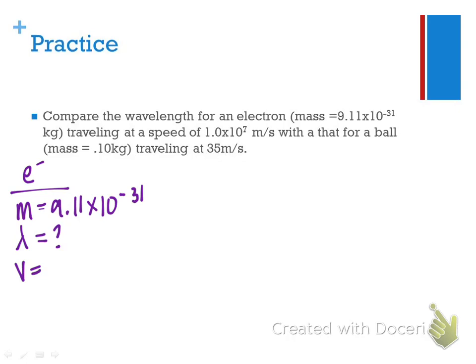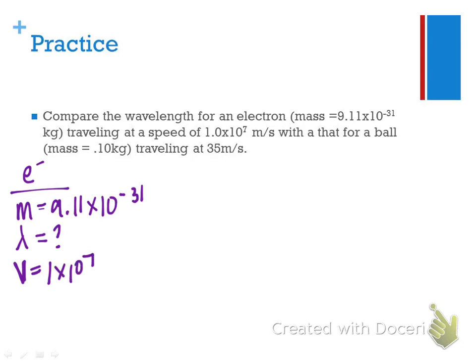And V is, remember, frequency or speed. Okay, not speed of light. Speed of light is the little c. Speed of our object that's moving can be considered the same as frequency. It's how many cycles per second or meters per second or whatever. Okay, so the speed of our electron is 1 times 10 to the 7th.